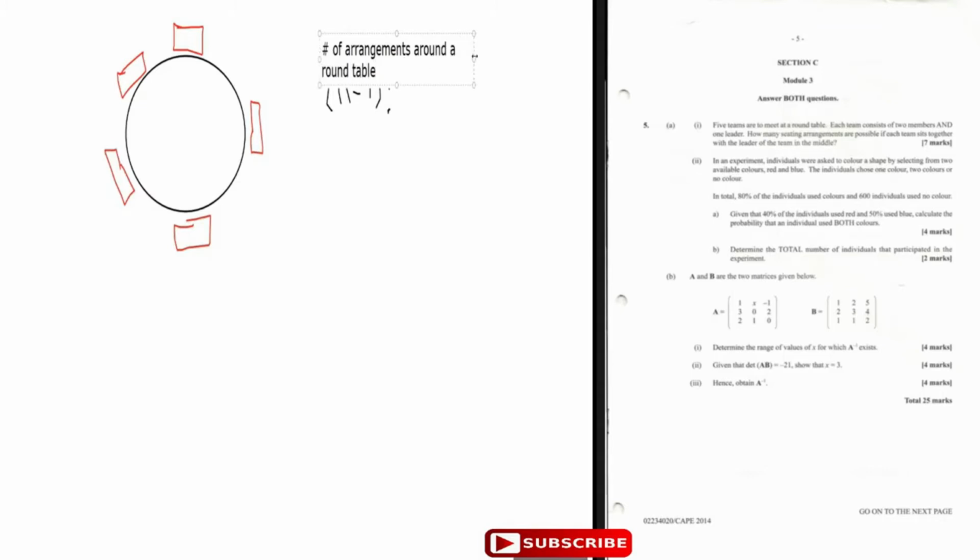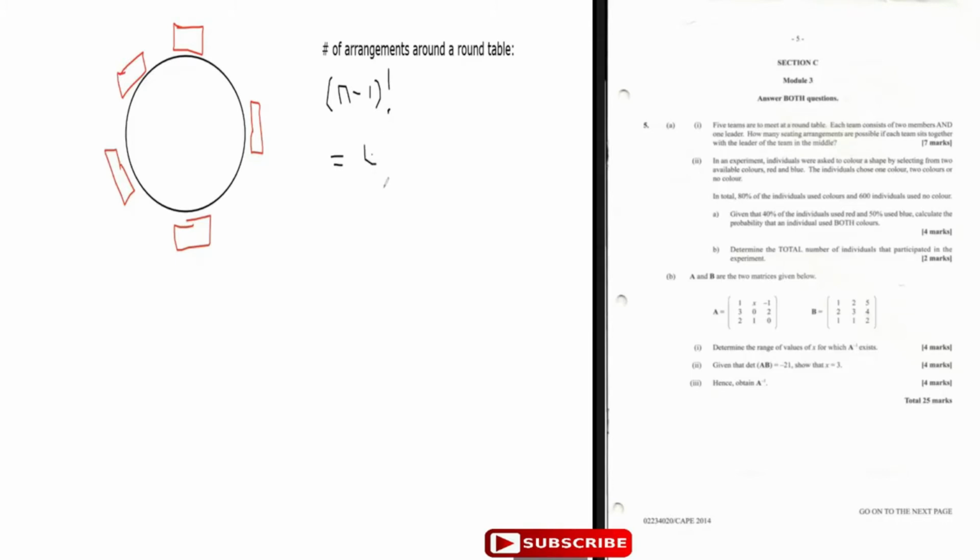You have to remember that. Now, in this case, it is 1, 2, 3, 4, 5. So it's going to be equal to 5 minus 1, which is 4 factorial.